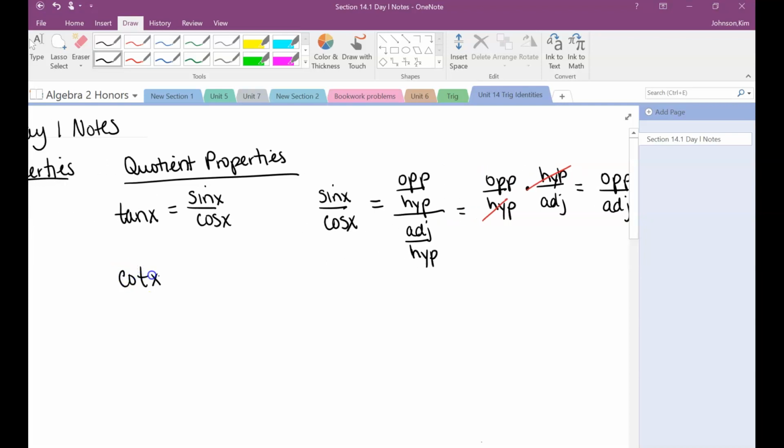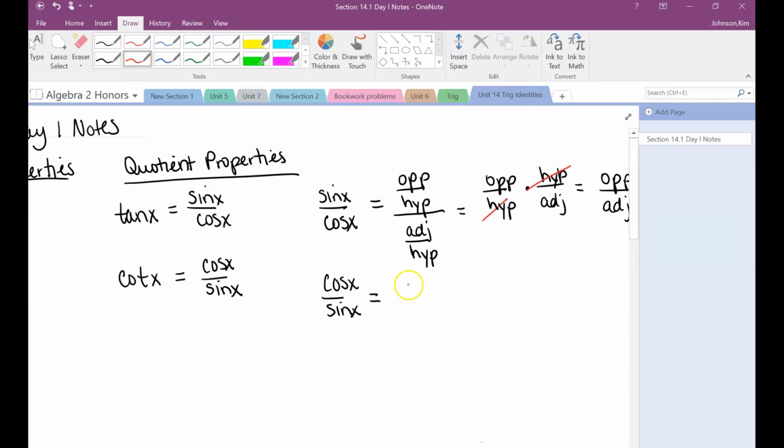Similarly, we can walk through that same proof to say that cotangent of x is equal to cosine of x over sine of x. At this time, you should pause the video and make sure that you can get that same result. Remember, starting with the more complicated side, you'll do cosine of x over sine of x and start simplifying.